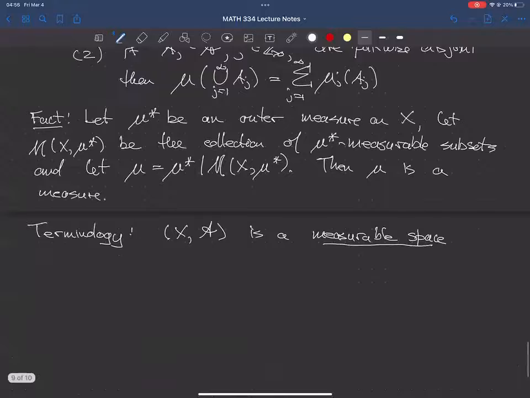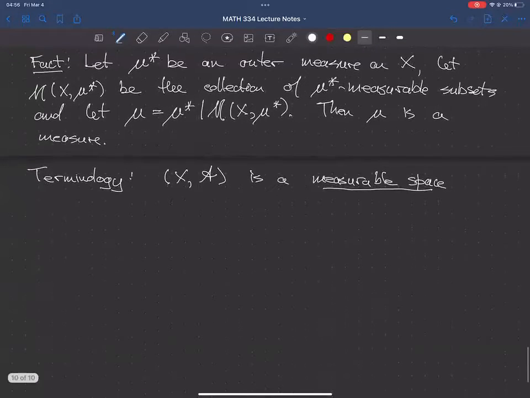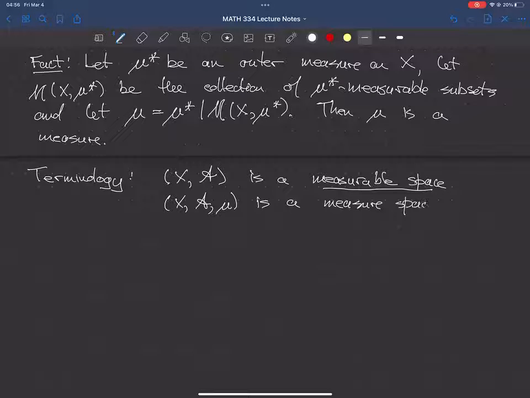The idea is that it's set up for you to use a measure, and (X, A, mu) is a measure space. So it's not only set up for you to use a measure, but you're actually prescribing one. There may be lots of them, but you're choosing one that gives you a measure space.